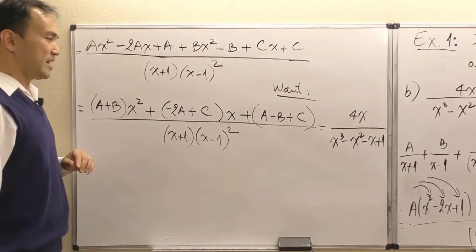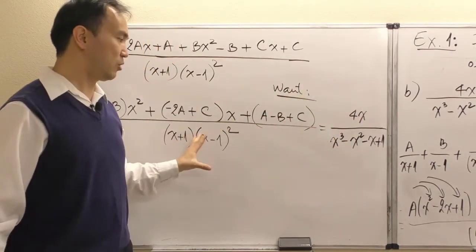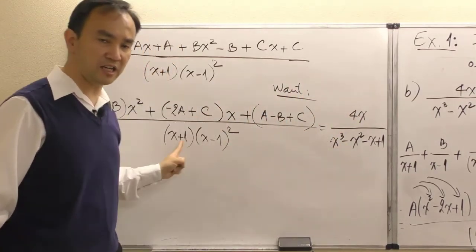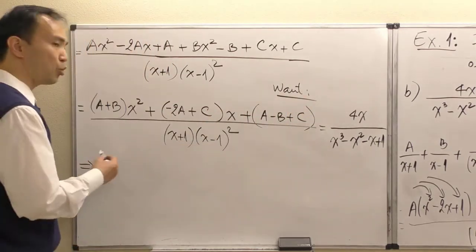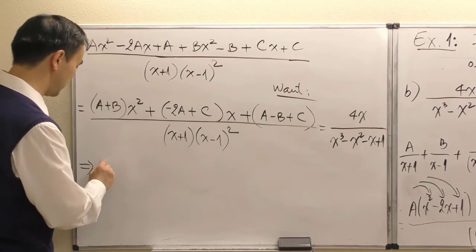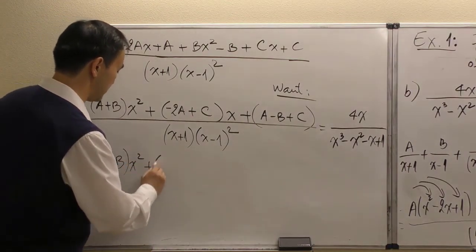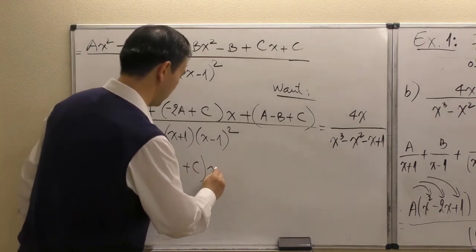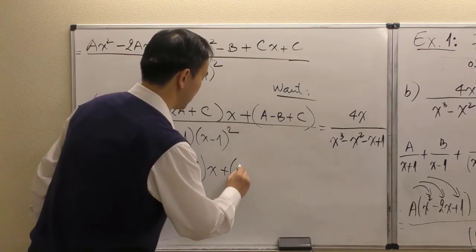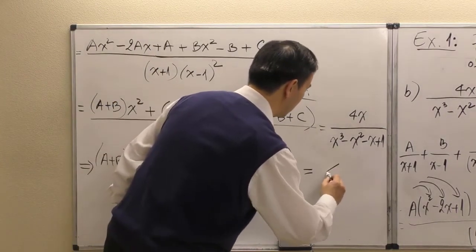Okay, so in that way, the only way for the two rational expressions to be equal, given that they already have equal denominators, is that we can now equate the numerators. That means (a plus b) x squared plus (minus 2a plus c) as the x term plus (a minus b plus c), all of that has to equal 4x.